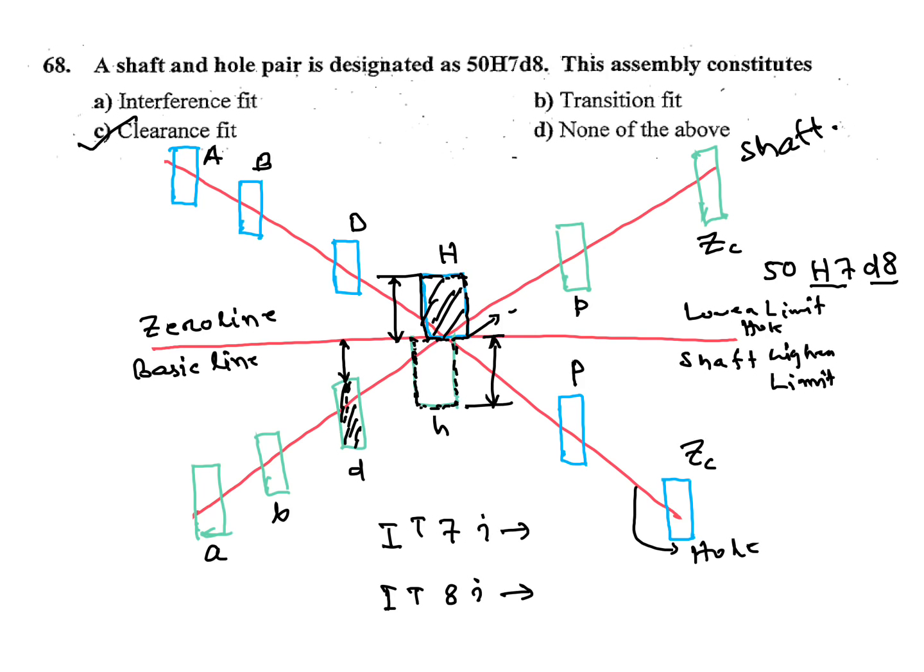And for i, you can calculate that by the formula 0.45 cube root of D plus 0.001 D in micrometer or micron.